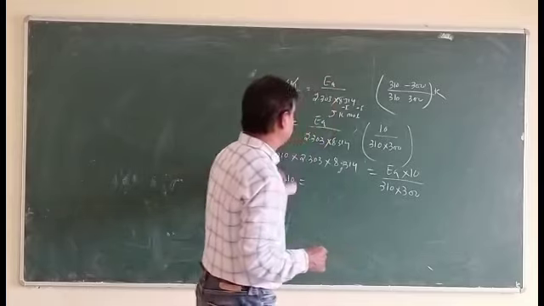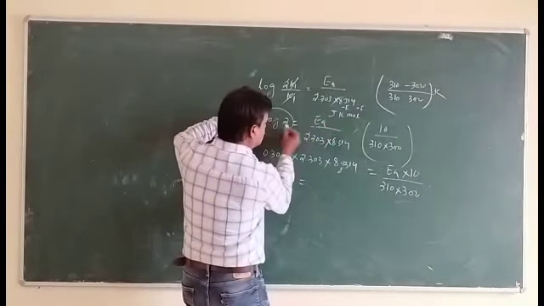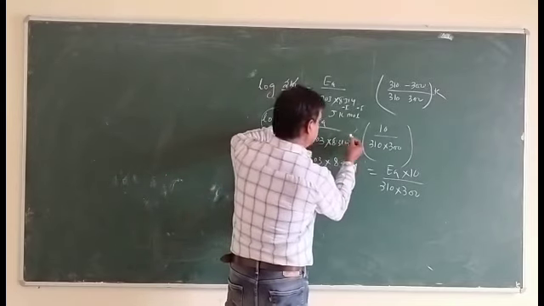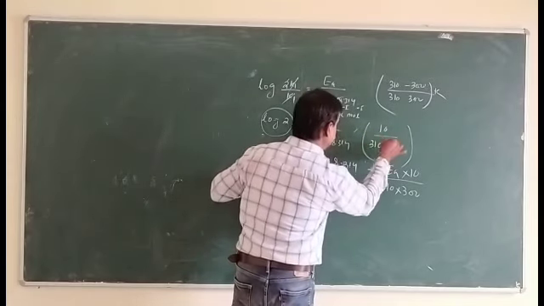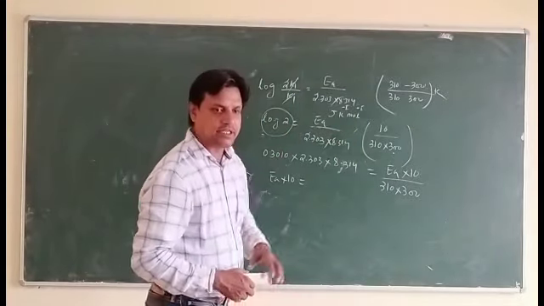Now you can calculate EA by dividing. So EA equals log 2 into 2.303 into 8.314 into 310 into 300 divided by 10. That is the value of activation energy.